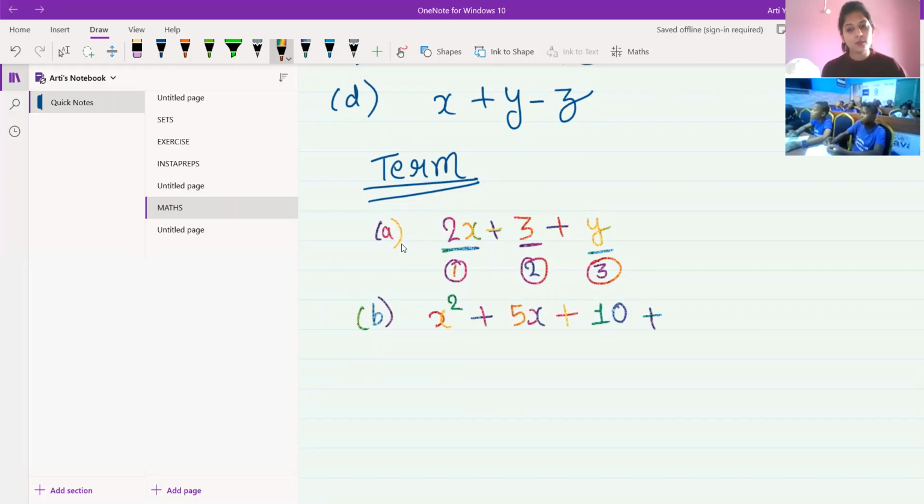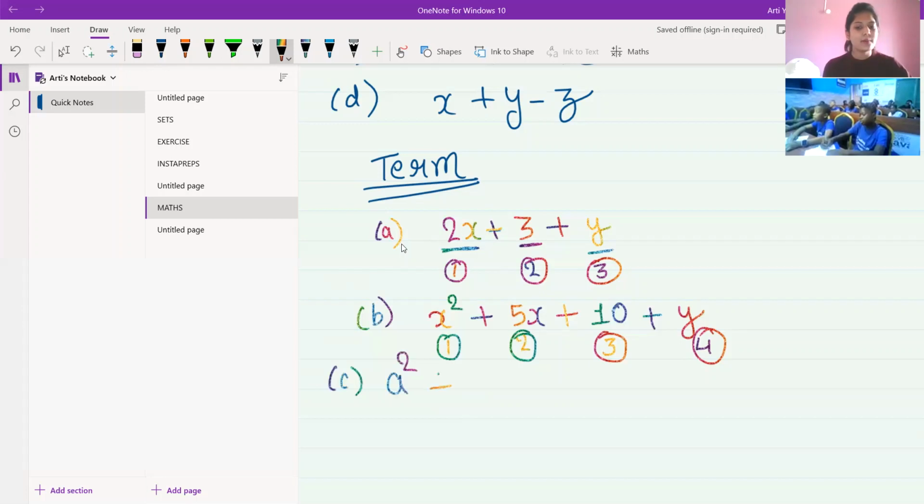If I write one more, y, then how many terms are there? 4 terms. 1, 2, second term, third term, and fourth term. So there are 4 terms.